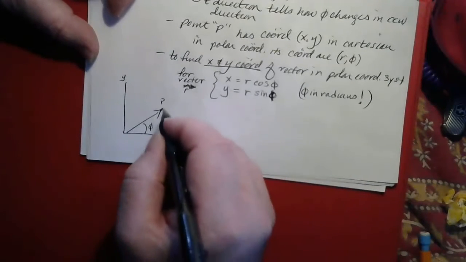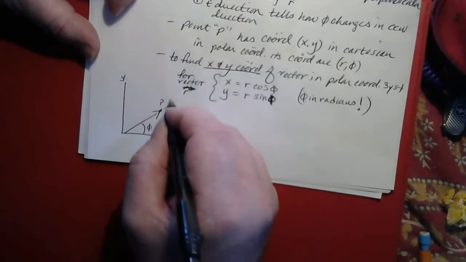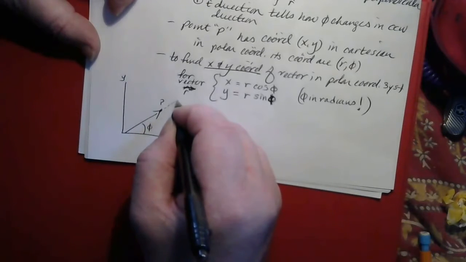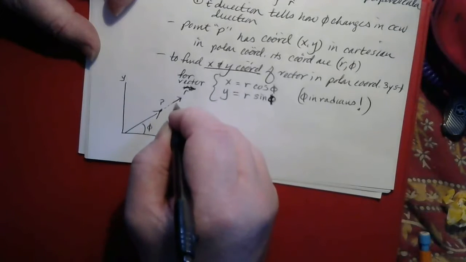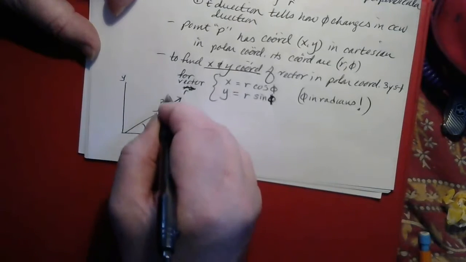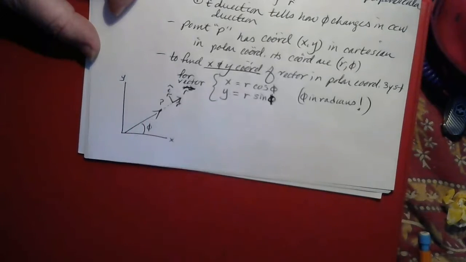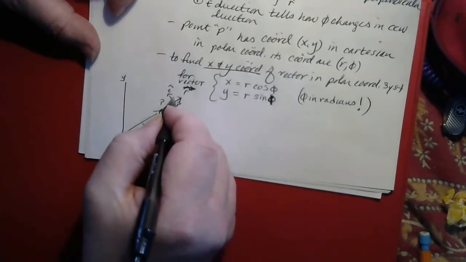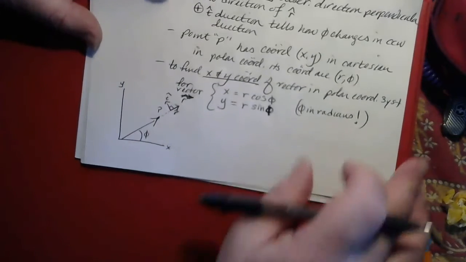And furthermore, the vector itself defines the r direction, and perpendicular to that would be the t direction. Okay. Maybe the best way to illustrate that would be to try an example.